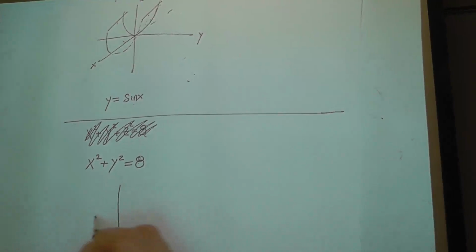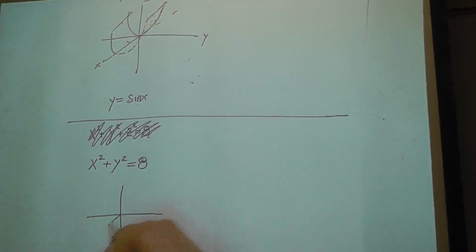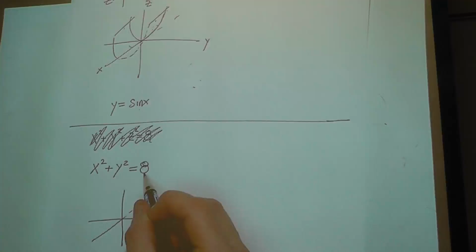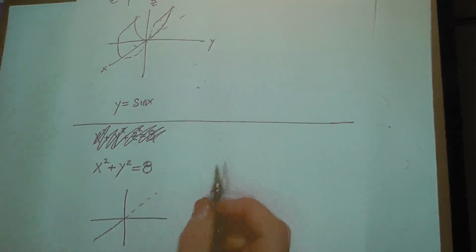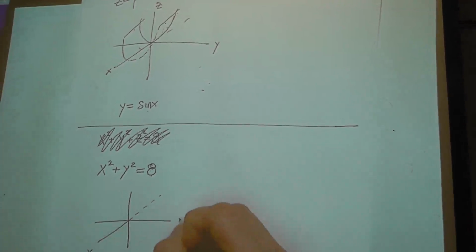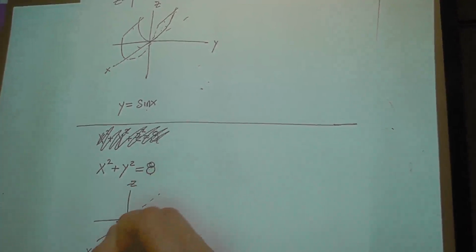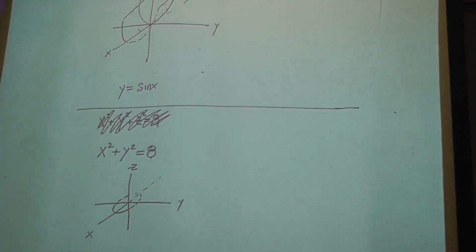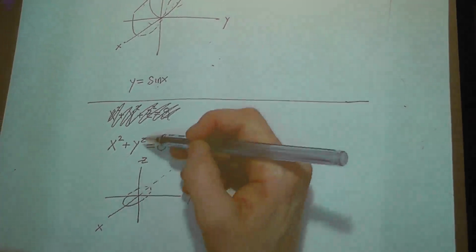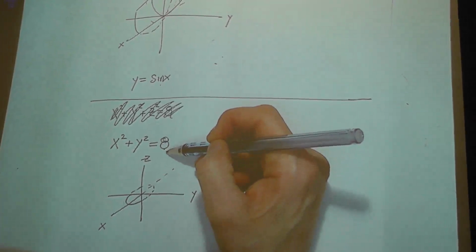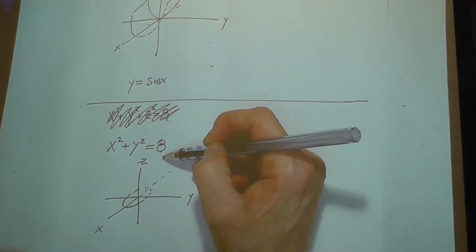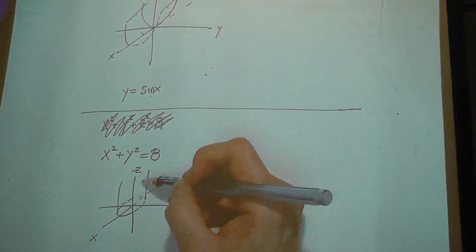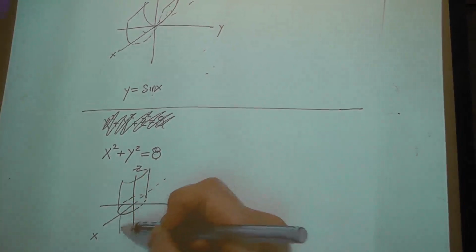In 2 dimensions, x squared plus y squared equals 8 gives you a circle, radius square root of 8. Z isn't mentioned, so it's a cylinder, up and down along the z-axis.